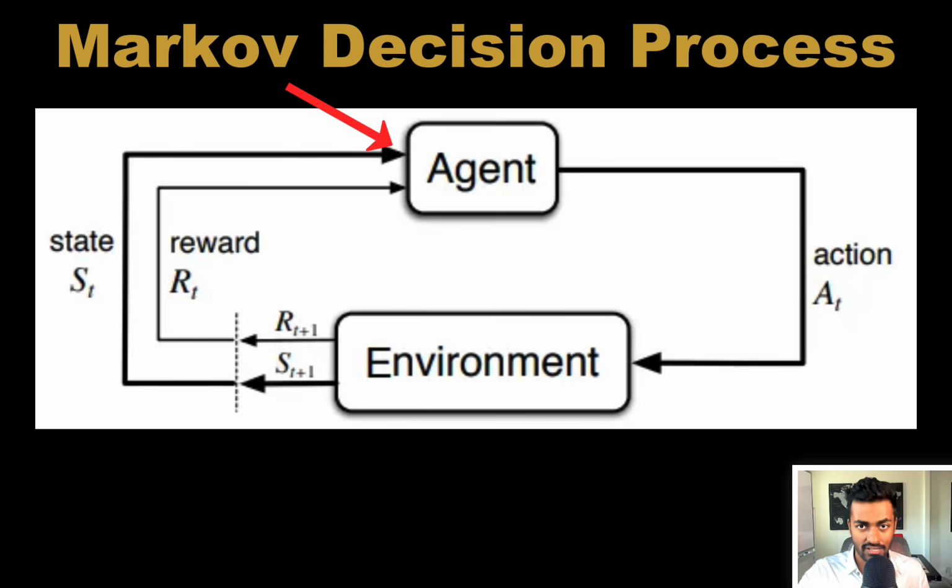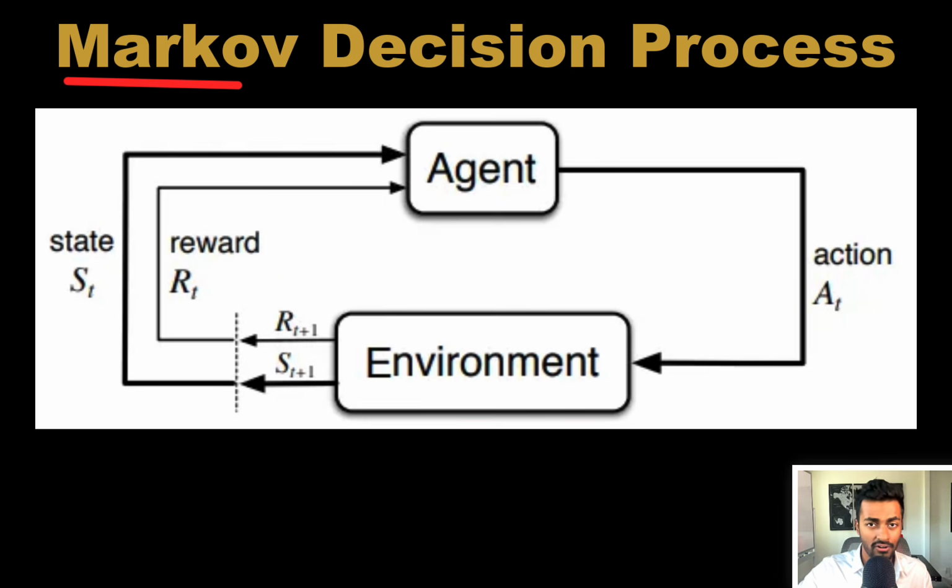So the agent will perform some action in an environment, and the environment in turn will emit a state and a reward. And this is consumed by the agent and influences the agent's next action, and so on. So this is a schematic of the Markov decision process.